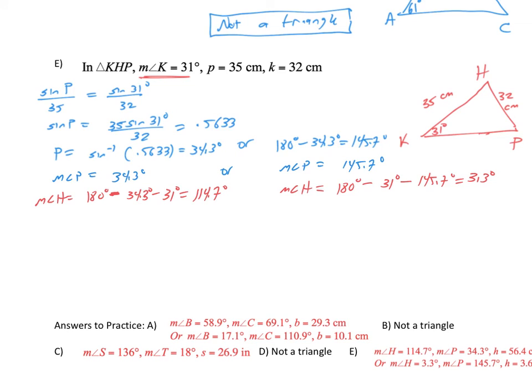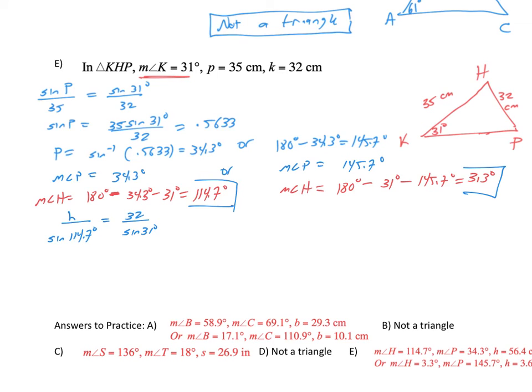So now we need to find the last side, little h, using both of these angles, the 114.7 and the 3.3. So we'll set up law of sines. This time we'll put side lengths in the numerator because we're solving for side lengths. So little h over sine of H for this particular triangle, 114.7, is going to be side length k, 32, over sine of K, which is sine 31.